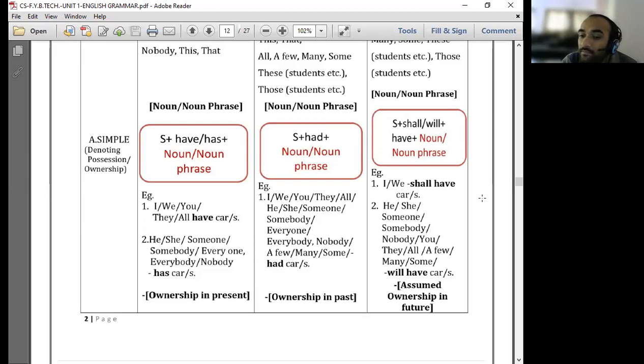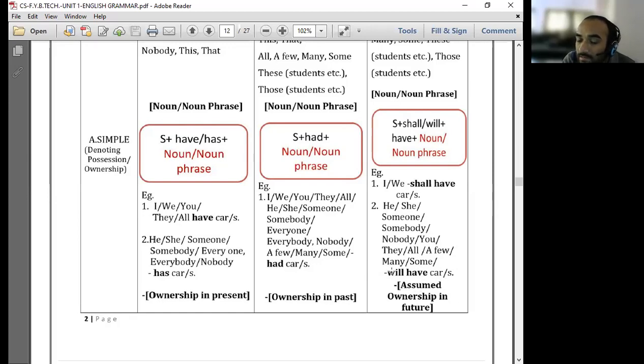We can use will have after he, she, someone, somebody, no one, nobody. Okay. So for only I and we we have to use shall have. He shall have, he will have car. त्याच्याकडे कार असेल. She will have car. तिच्याकडे कार असेल.